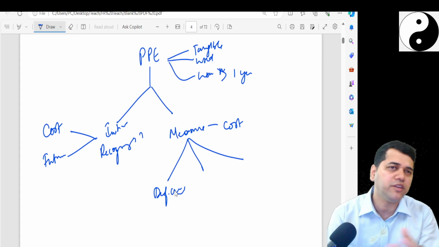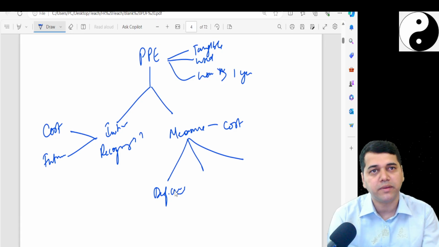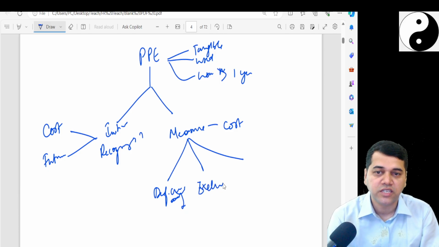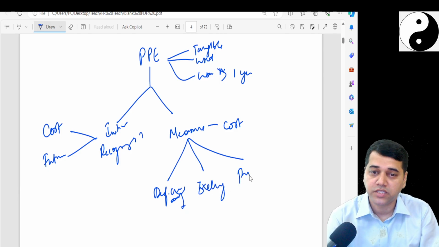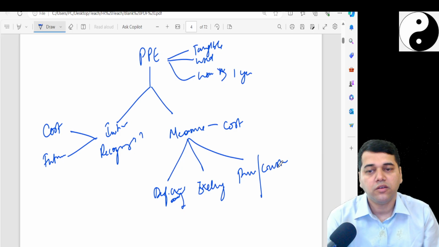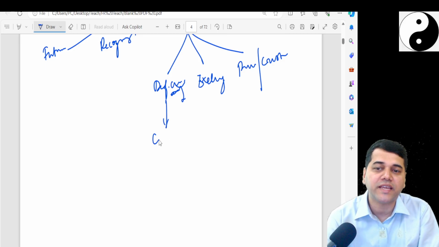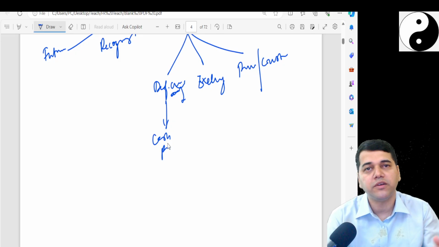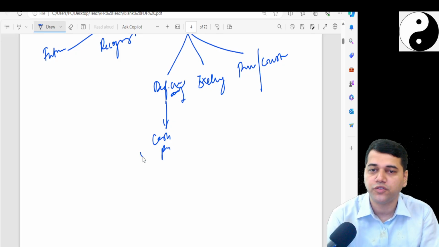You can design it in your own way, and eventually you will become an expert. There can be a deferred credit, or an exchange, or a purchase or construction. In deferred credit, I need to look for the cash price, and I'm going to recognize the liability to the extent of the present value of the future cash flows.